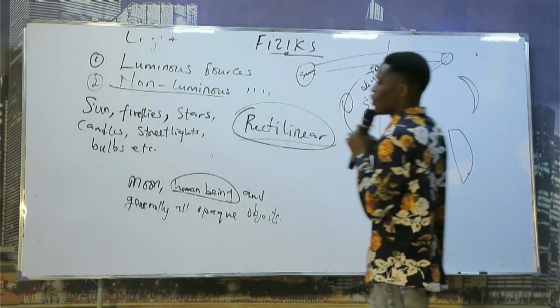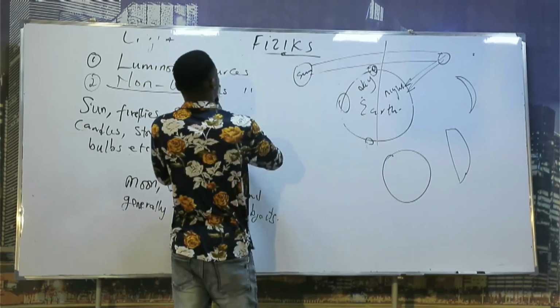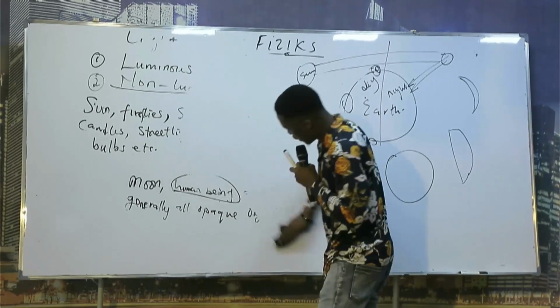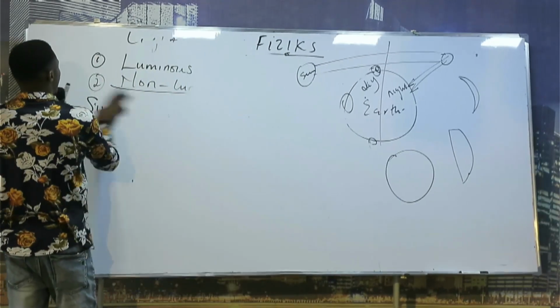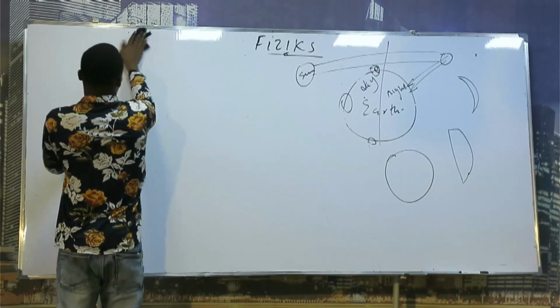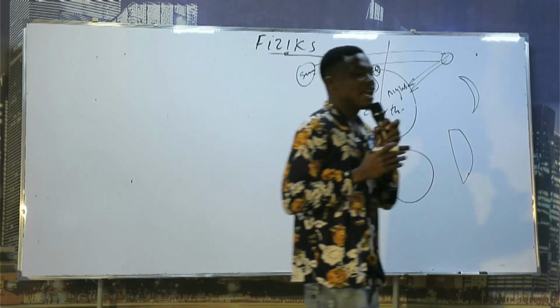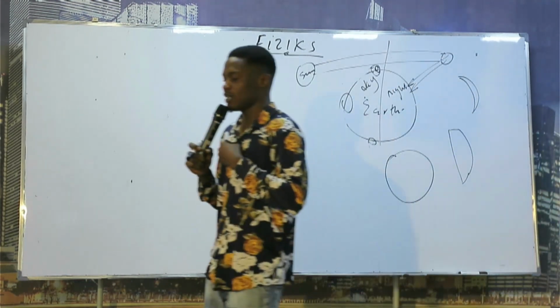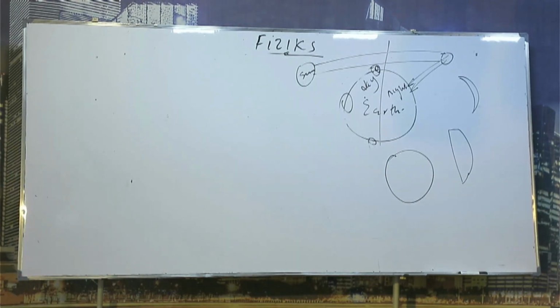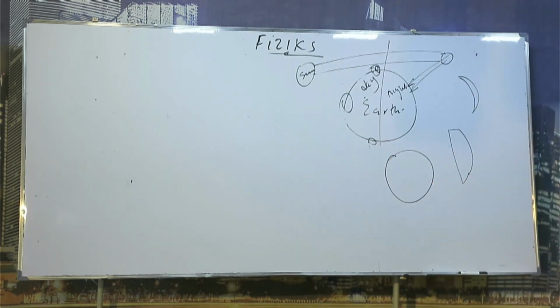When an opaque object obstructs the movement of light, comma, the light casts a shadow of the object. Full stop.